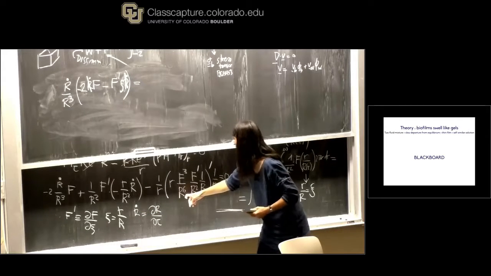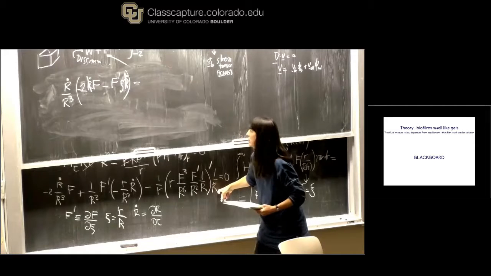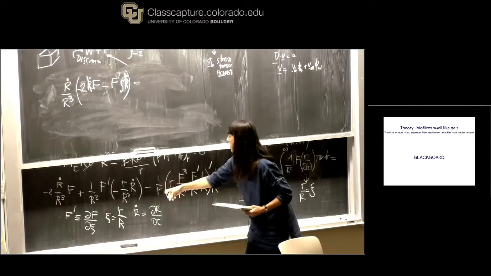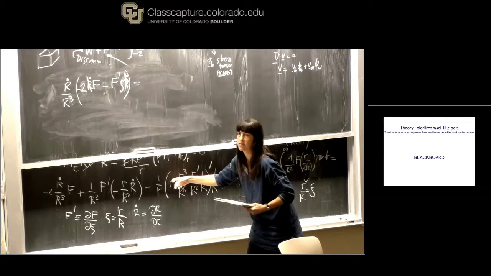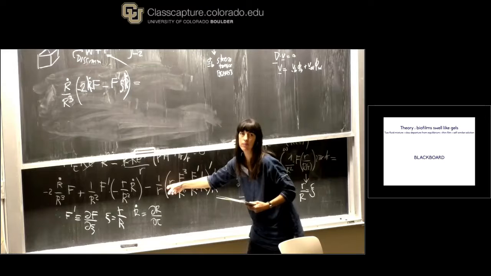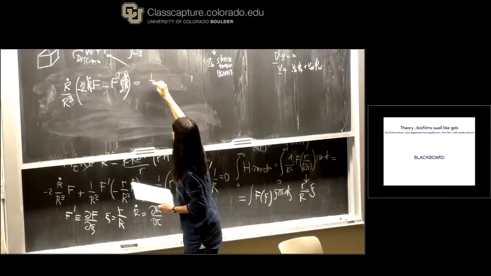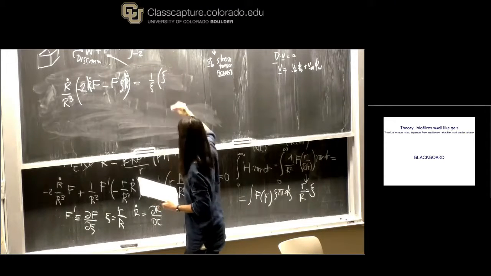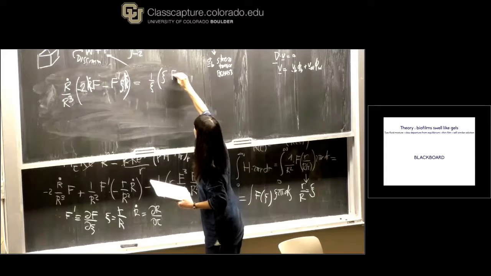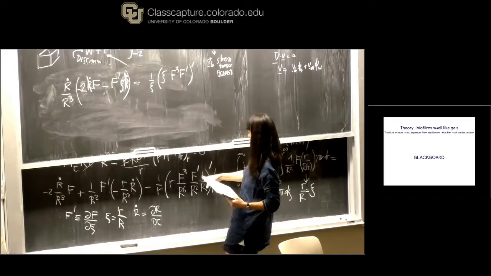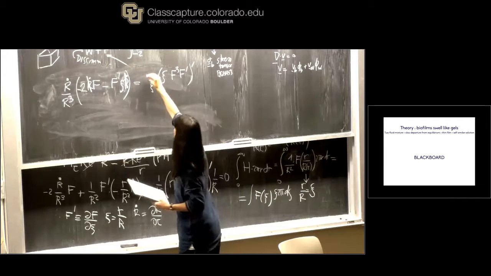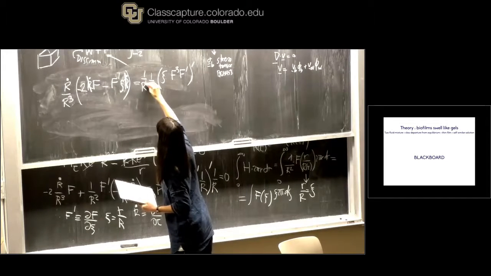And we have R to the 10 at the denominator, and we can write 1 over Xi and Xi, instead of 1 over R and R. So 1 over Xi, Xi, F cubed, F prime, prime, and then I have 1 over R to the power 10.